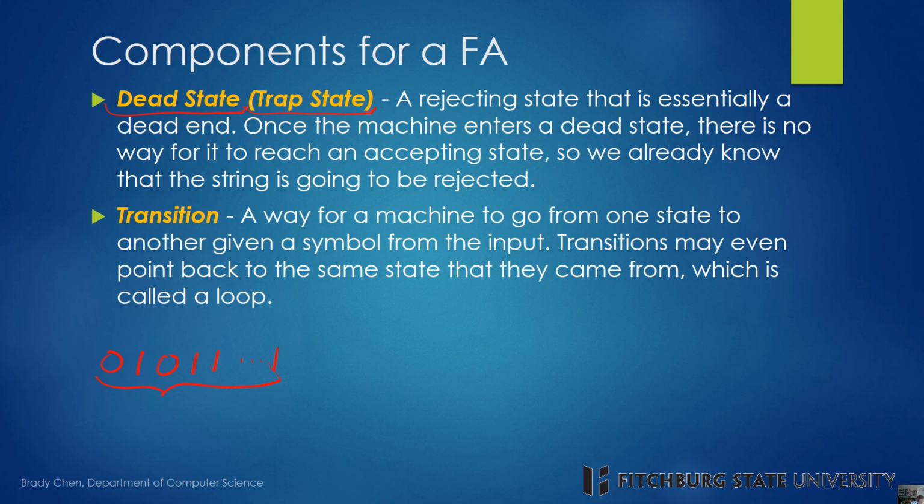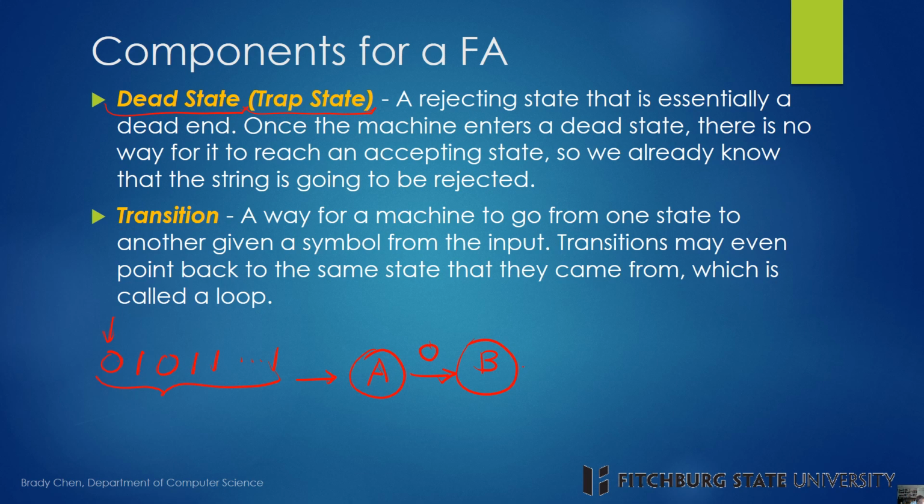Now the input goes into the finite automata, and with the start state, let's say A is the start state. And then you basically read the first input. Okay, the first input is 0. Okay, so let's say it's a 0, and then we're going to move to another state B. Now the next input is 1.